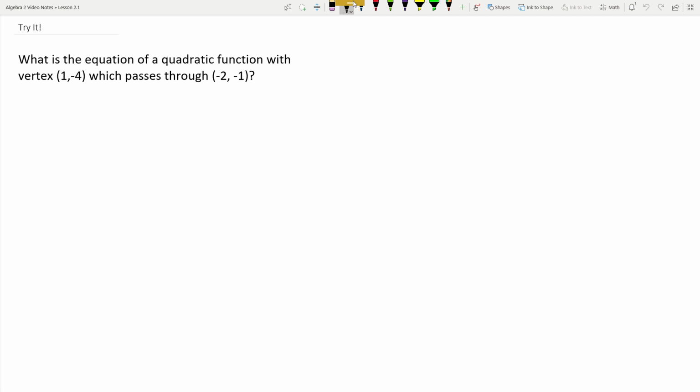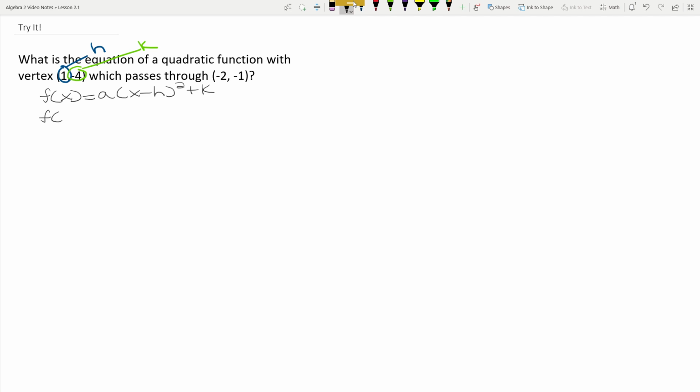All right, so let's do the example. Same as it was last time. So we got ourselves a vertex. So we know that this right here is my h. The negative 4 is my k. Okay, so now we got f of x equals, remember that the formula was a times x minus h squared plus k.